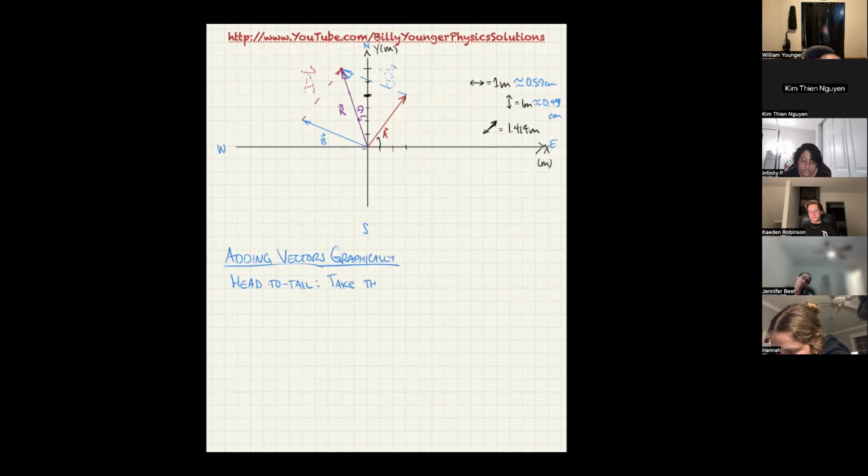Take the first vector and place its tail at the origin.